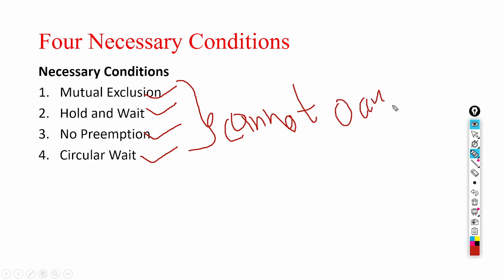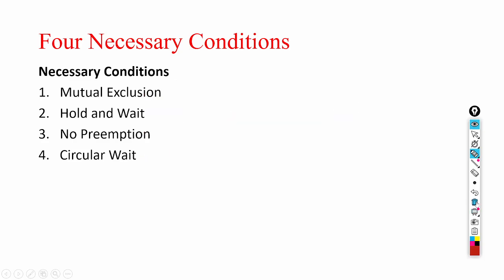So what are the four conditions? Mutual exclusion, hold and wait, no preemption, circular wait. Remember this rule carefully: a deadlock is nothing but all four conditions present together. If one condition is missing, the deadlock cannot occur. We will see them one by one.